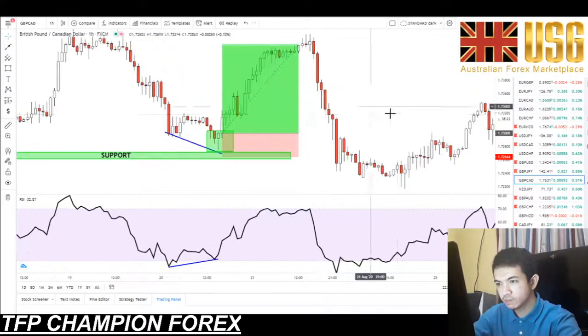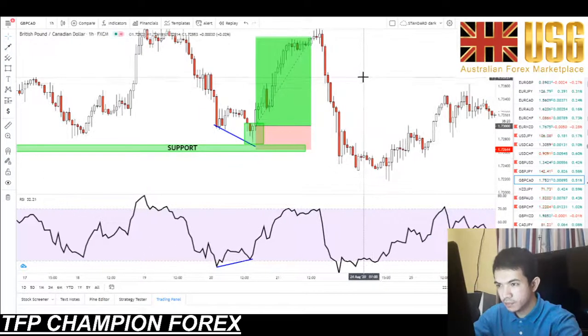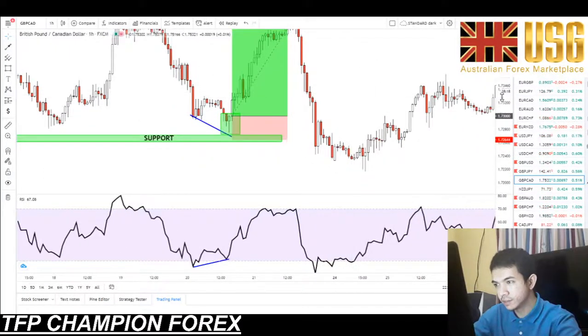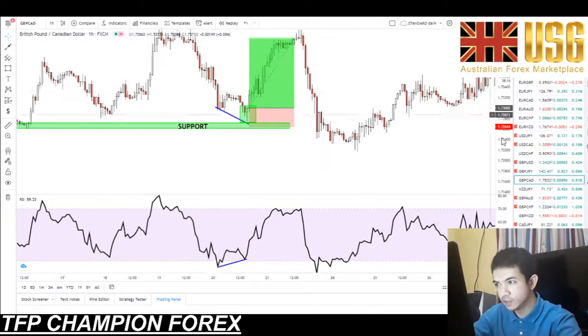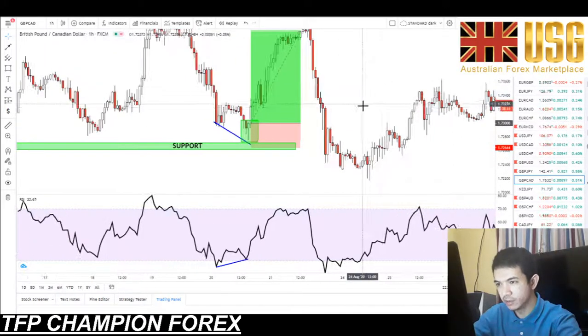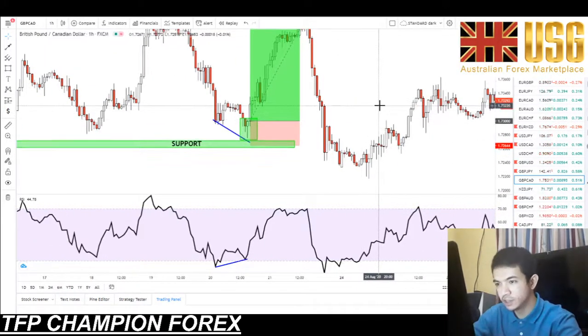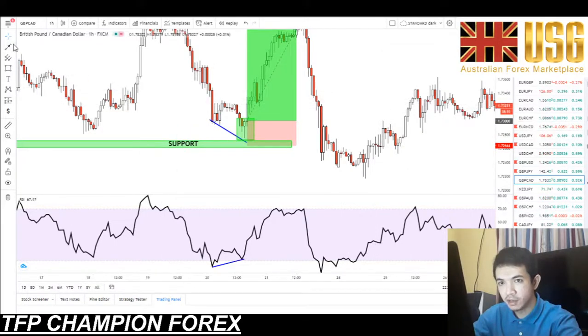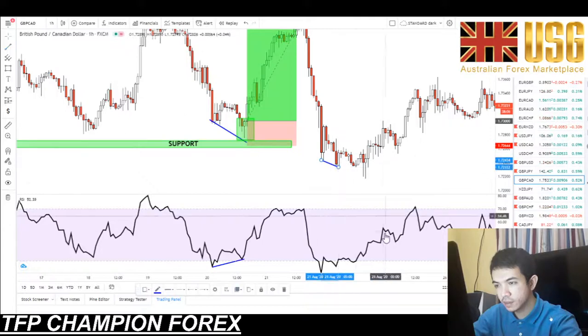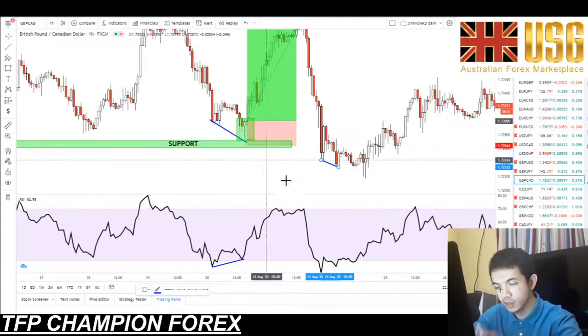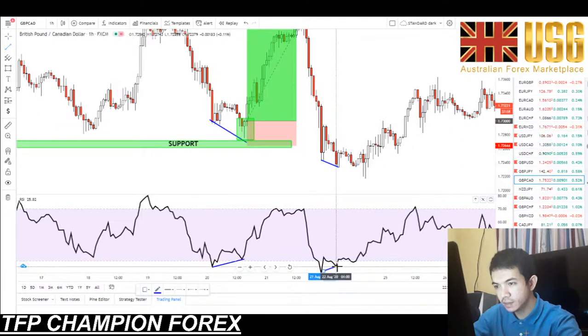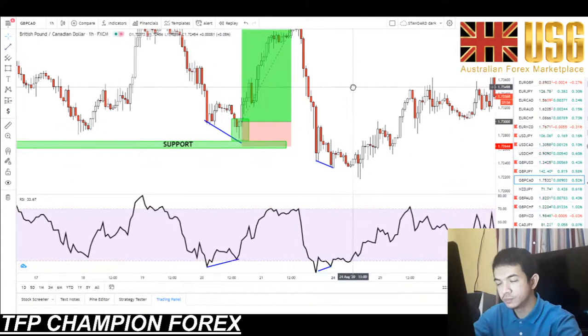So again, don't be caught up with just using the divergence as your entry for the reversal. You can see here, the market formed a lower low, correct? The RSI, sorry, formed a higher low.